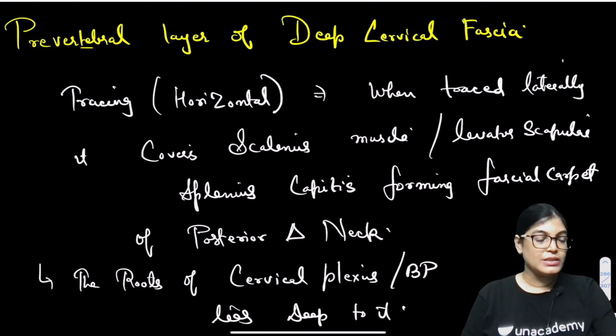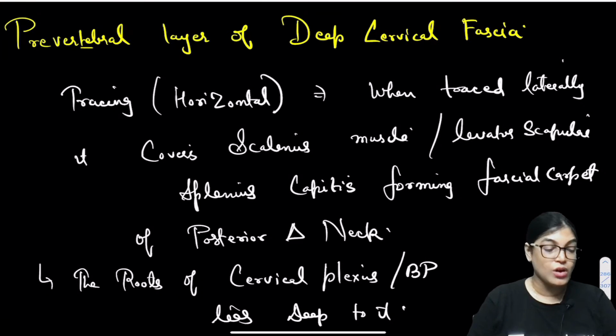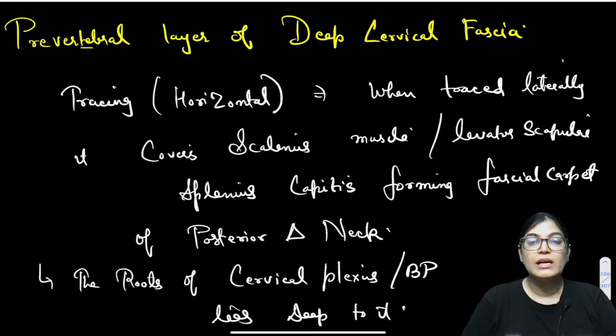And as I told you, this has been asked as an MCQ also. When the prevertebral layer reaches the axillary region, it forms axillary sheath. So please write on that also.